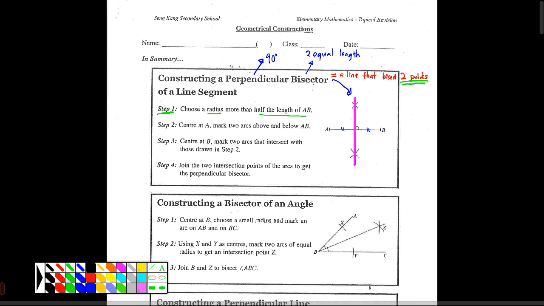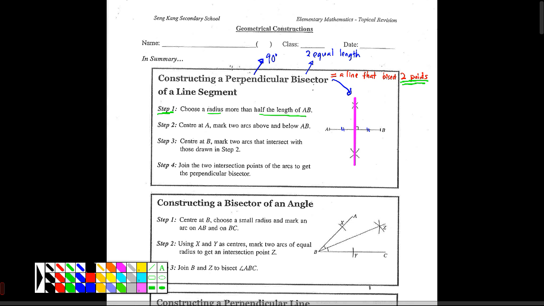No. Now, I have an X here, okay? Now, this is my A, this is my B. All look at the board now. If I open small, I put my needle at A, I will draw an arc. I put at B, I will draw an arc. Will these two meet? No, they will never meet.